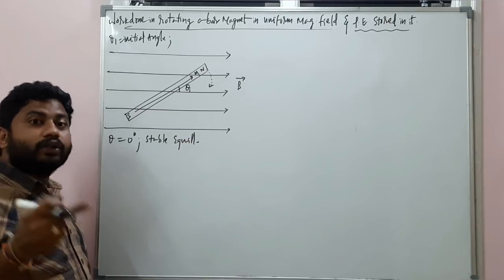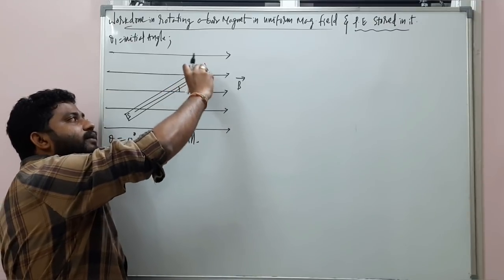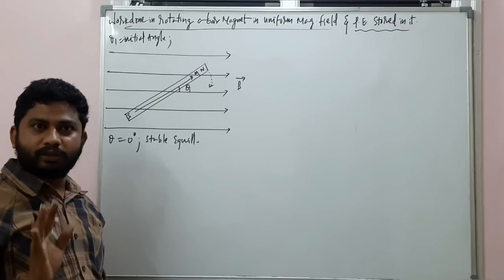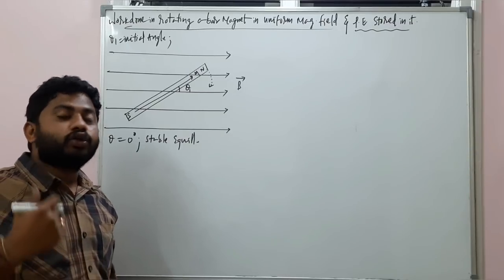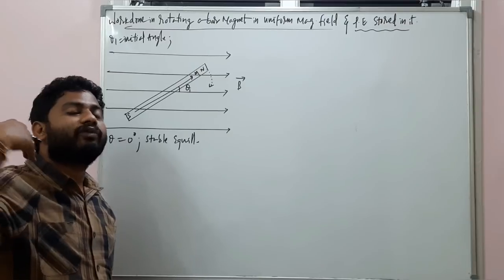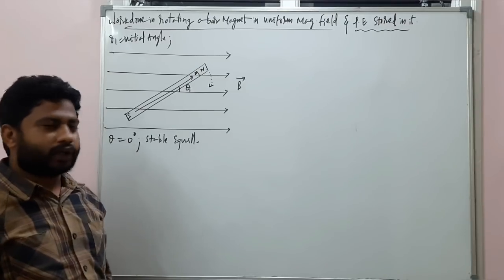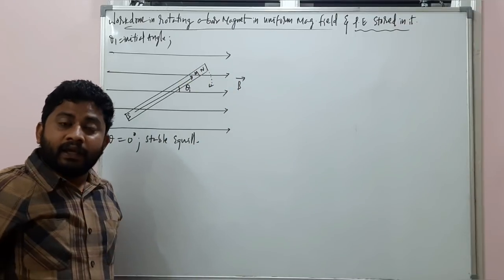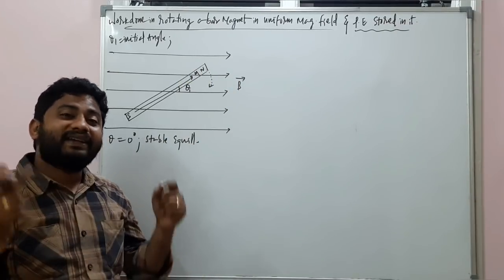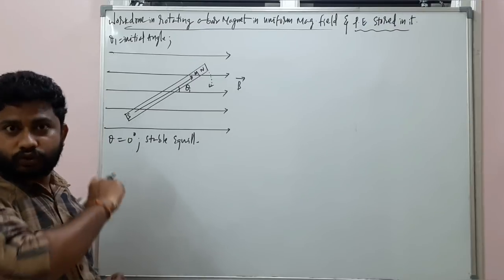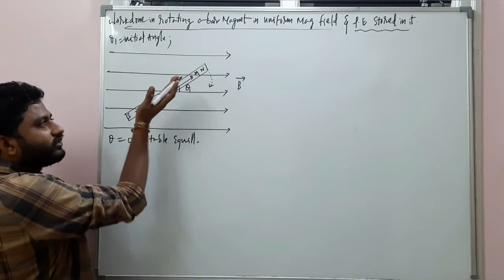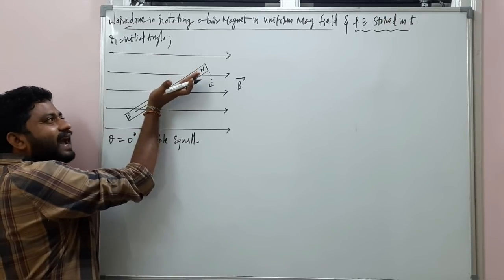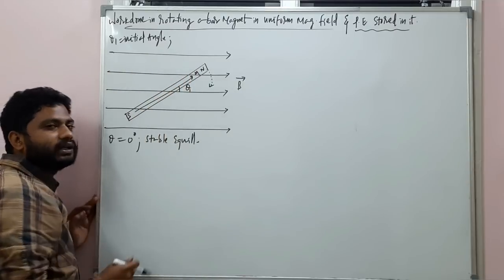The tendency of this bar magnet, according to the torque, is to come and align in the direction of B bar. That's called stable equilibrium. For that, you do not need to do any work. It's not at all required. Automatically, it will align in the direction of B bar. You need to do some work by some external source to move this bar magnet to another angle, that means in the direction away from the stable equilibrium position.